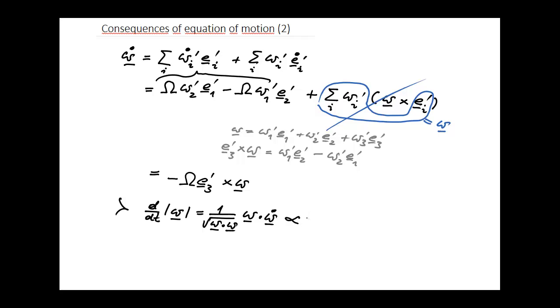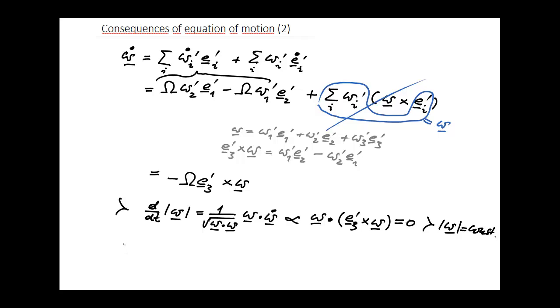Then what we have here is proportional to omega scalar product with E3 prime vector product with omega. This is again a triple scalar product. 2 of the 3 vectors are identical, and whenever 2 of 3 vectors are identical in the triple scalar product, this gives 0. This is equal to 0. So this implies that the absolute value of omega is constant.